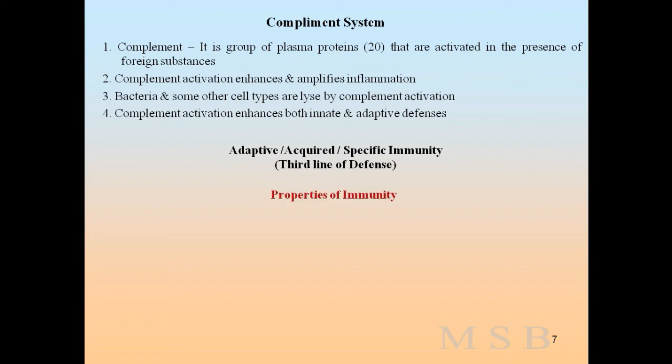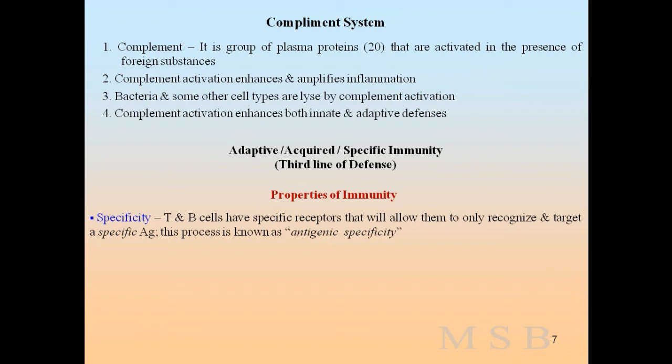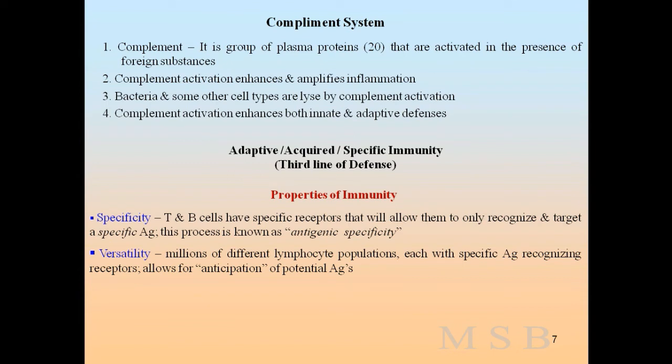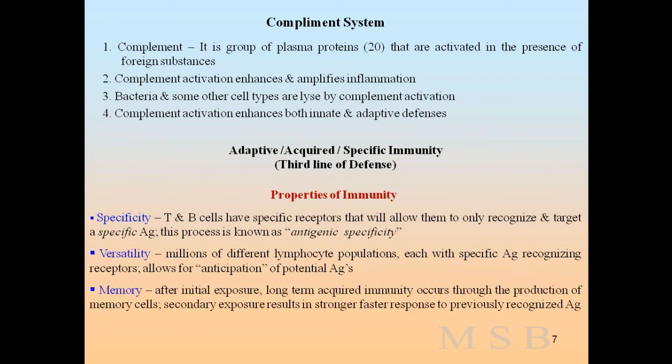So, some of the properties of immunity are, first, specificity. T and B cells have specific receptors that allow them to only recognize and target a specific antigen. This process is known as antigenic specificity. Second, versatility. Millions of different lymphocyte populations, each with specific antigen recognition receptors, allow for anticipation of potential antigens. Third, memory.